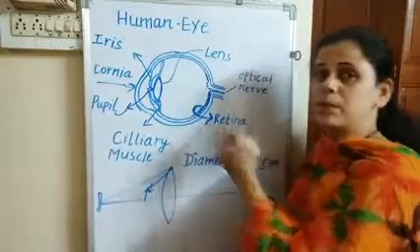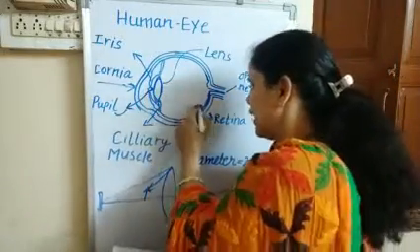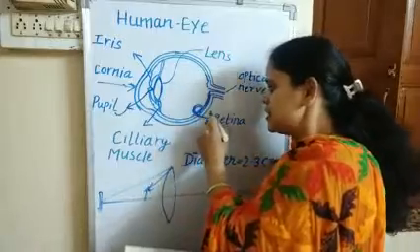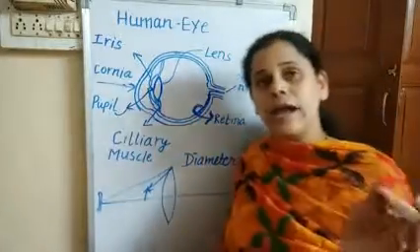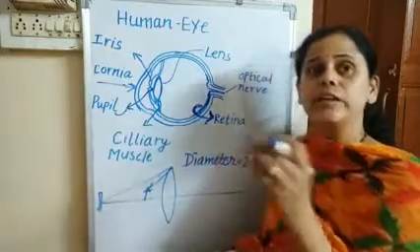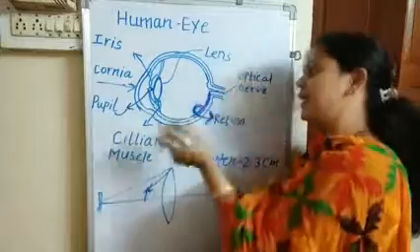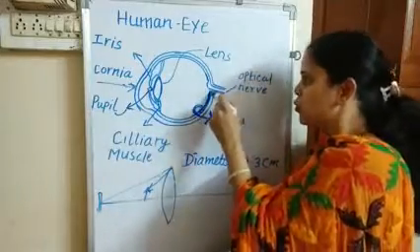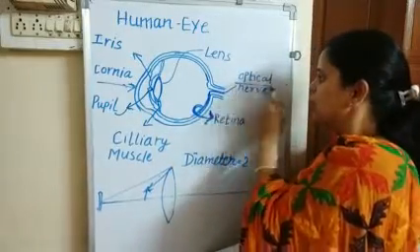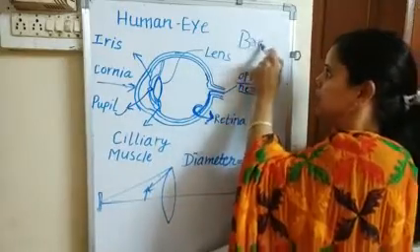This screen is made up of light-sensitive cells, and the cells get excited when light falls on them. Clear? Then these cells generate an electrical signal, and that electrical signal goes through the optical nerve to the brain.